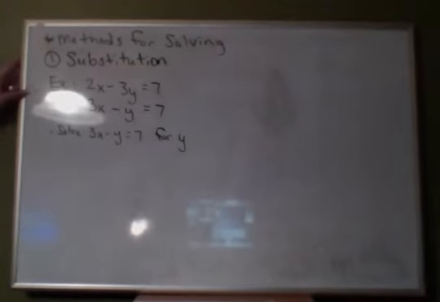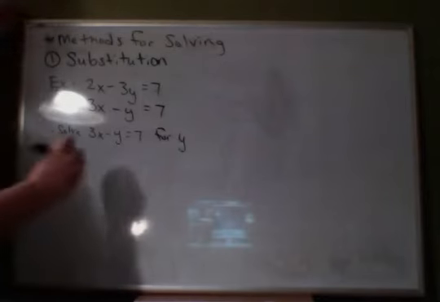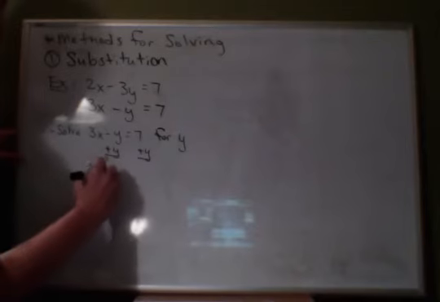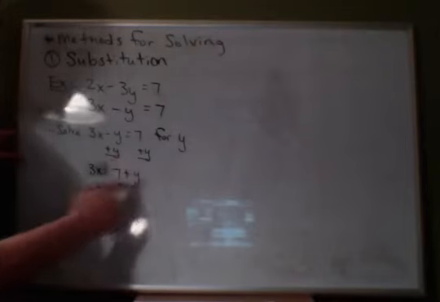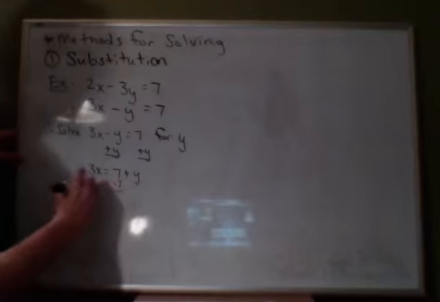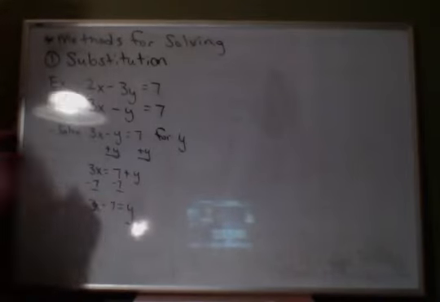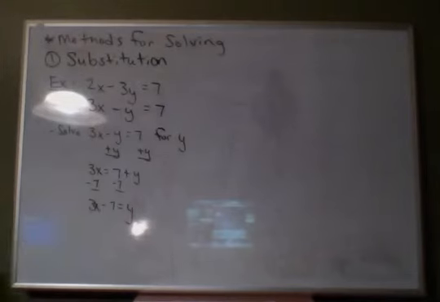Okay. I'll do that in a couple of different ways. I'm probably going to add y to both sides so that I have 3x equals 7 plus y. But I need to get y by itself, so I'll subtract 7. So 3x minus 7 is equal to y. Okay.